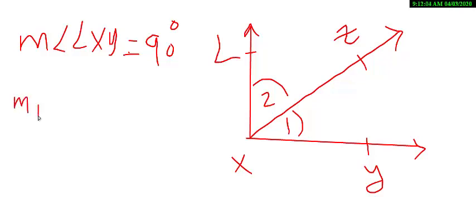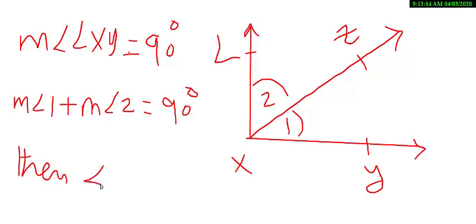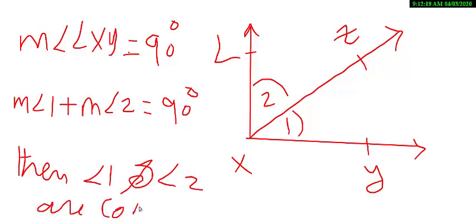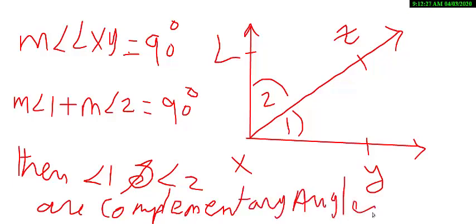That means the measure of angle 1 plus the measure of angle 2 will be 90 degrees. Then the conclusion would be angle 1 and angle 2 are complementary angles. So here is the definition of the complementary angles: if the sum of two angles equals 90 degrees, then the two angles are said to be complementary angles, and this will be the third relationship between the two angles.